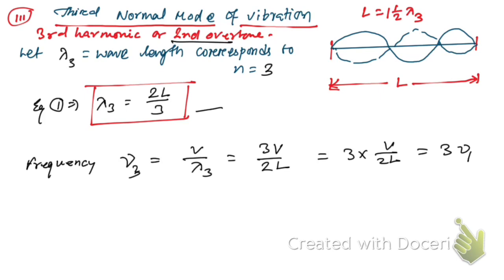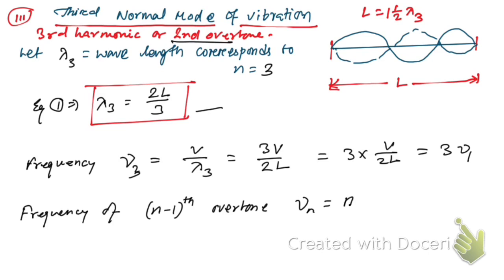So therefore the frequency of the n-1th overtone will be nu n is equal to n times nu 1, as here we are getting nu 3 is equal to 3 times nu 1.